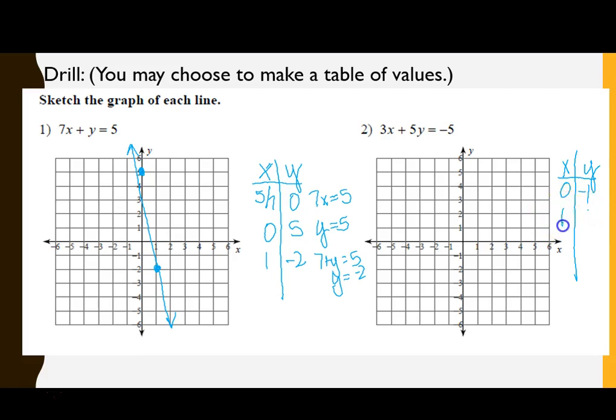No, I'll just let x be 1. So then we have 3 times 1, which is 3, plus 5y equals -5. So that means 5y equals -8. So that means y equals -1.6.